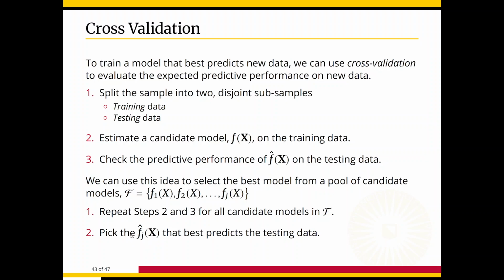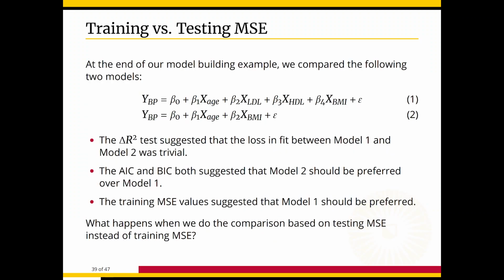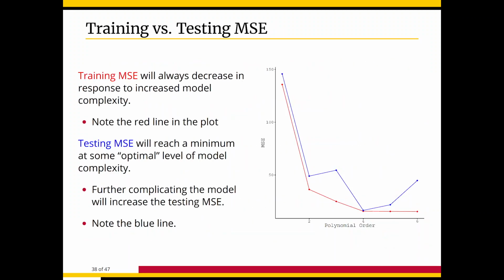And we've also seen an application of this idea when we generated this figure. So here we have done a model comparison where we're comparing the linear model to the quadratic model, to the cubic model, to the quartic model, to the quintic model, to the sixth order model. And we split this data into a training and a testing set.